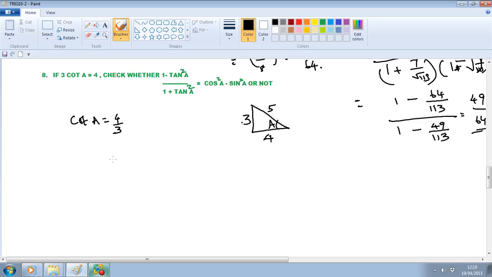What about 1 minus tan square A? Let us directly put the values. Tan A is 3 by 4.